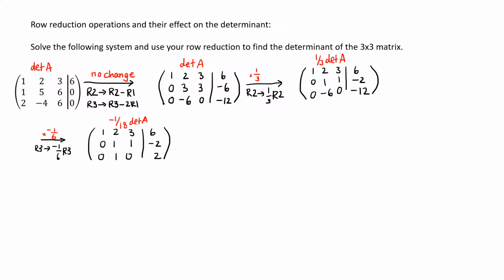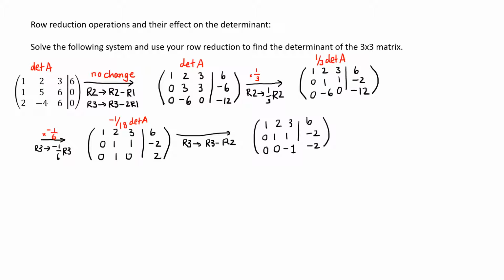Okay, next up, let's take row 2. Let's replace row 3 with row 3 minus row 2. Okay, so as you remember, this is not going to change our determinant. So we get 0, 0, -1, -2.